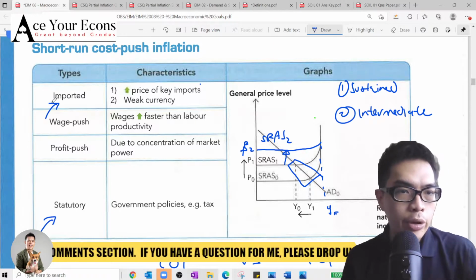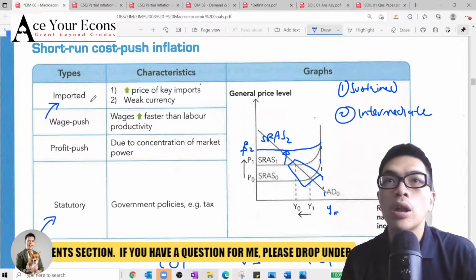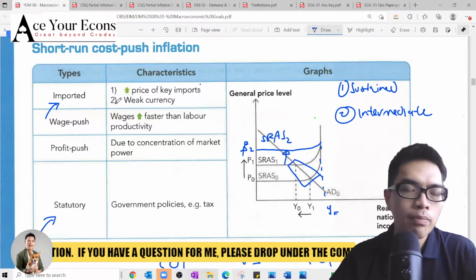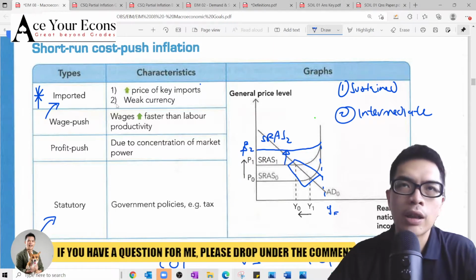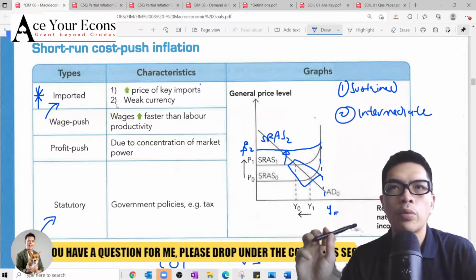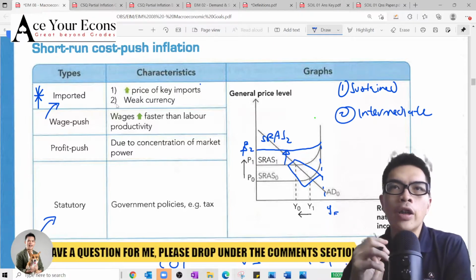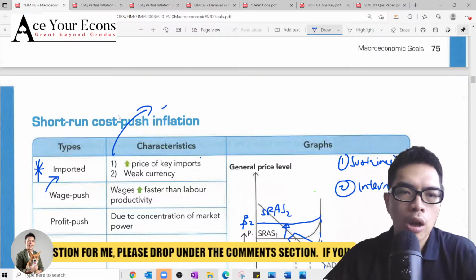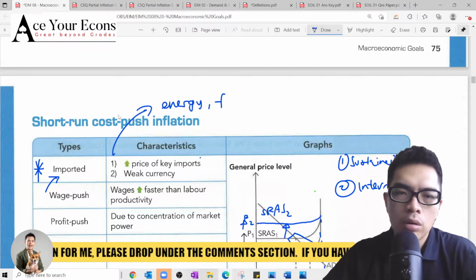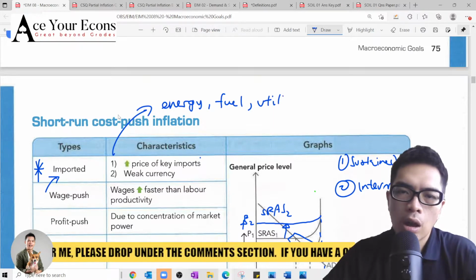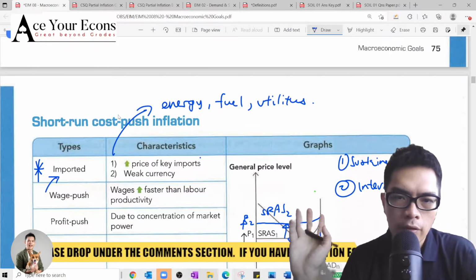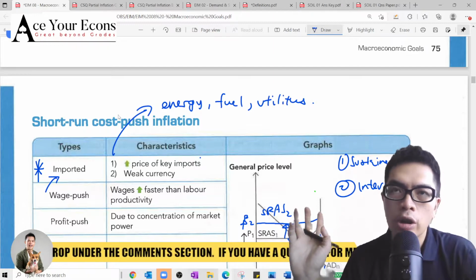Just now in the quiz, we actually realized that there's imported cost push inflation, right? So please make a mental note. This one is the most widely tested cost push inflation. Whenever you see changes in price of energy, fuel, utilities, it is very highly likely that there is presence of cost push inflation, especially short run.